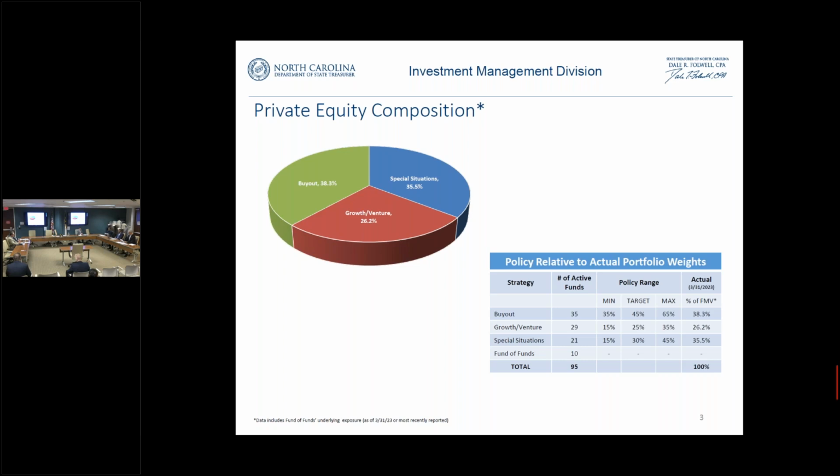We're using March 31st because that's the last time we got official valuations for the entire portfolio. If we look at June, it would just be cash flow adjusted. So looking at March and comparing that to our ranges, we are within our policy targets with all three asset classes.